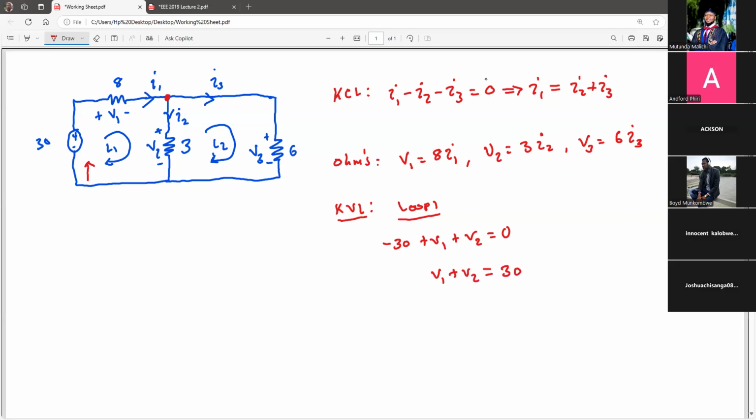That's for loop 1. In loop 2, we are saying negative V2 plus V3 is equal to 0. Are we together up to that point?